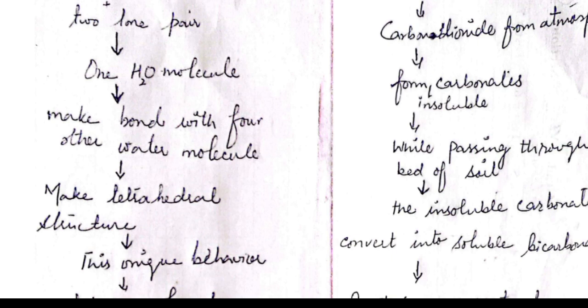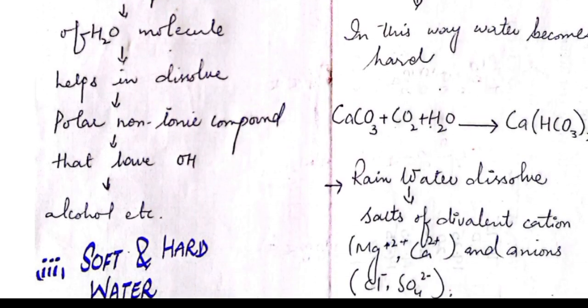Once again, whenever rain falls, the rainwater absorbs carbon dioxide from the atmosphere and forms insoluble carbonates. When this rainwater passes through the bed of soil, these insoluble carbonates convert into soluble bicarbonates.